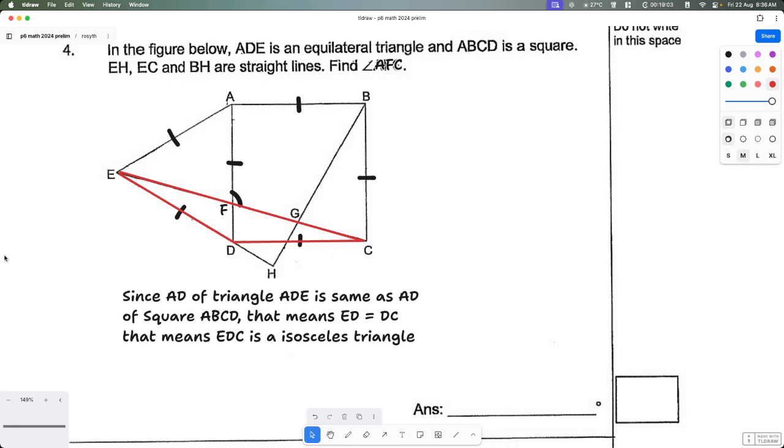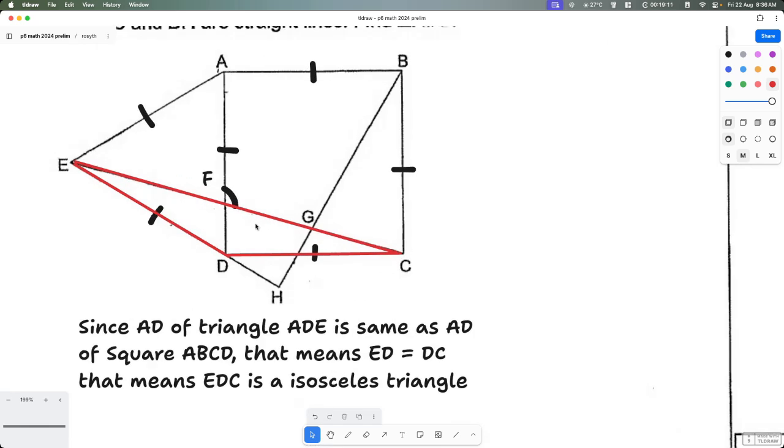Now the next thing is that we need to get this angle. So F is here, so EF, this one. In order for us to get AFC, we need EFD. If we can get EFD, then we can get AFC. To get EFD, we first need to use this angle over here. We also know that this angle is a 90-degree angle.